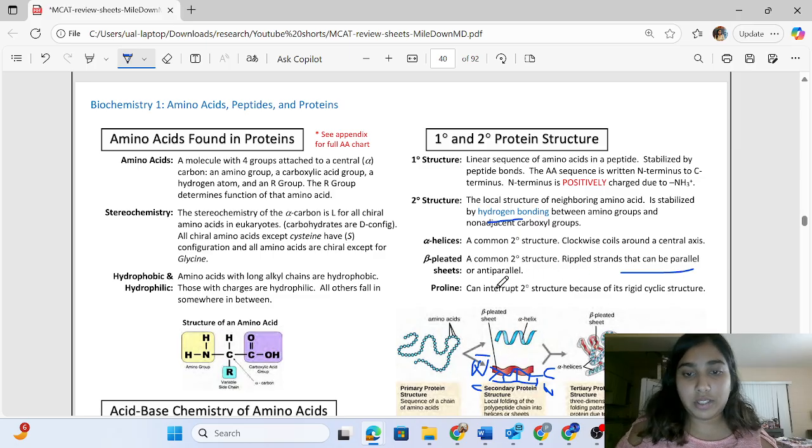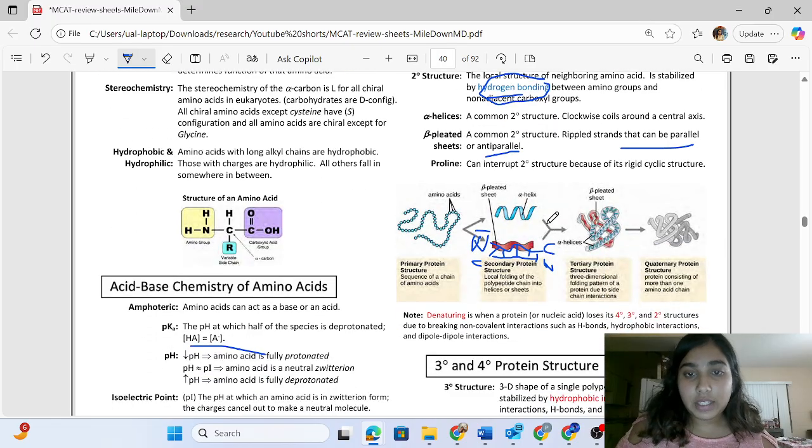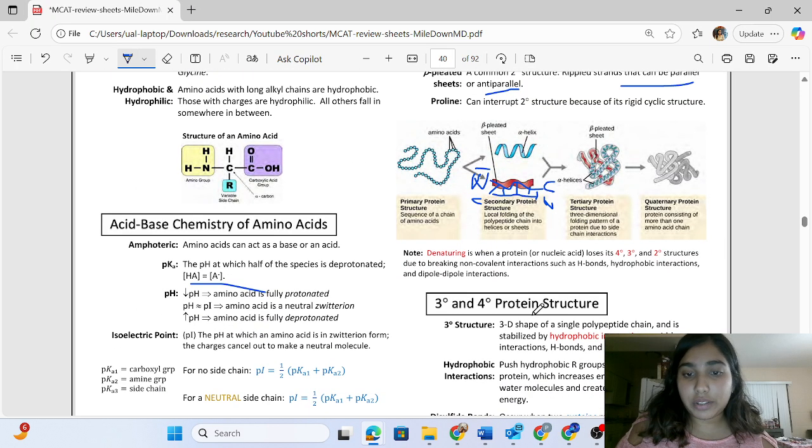Alpha helices are just, as I said, a clockwise spiral, and these are stabilized by hydrogen bonding. So this is an important thing to learn. Okay. So primary structures are made up of peptide bonds, which is a covalent bond, and this is hydrogen bonding. Okay. Then we go to the tertiary or the quaternary structure.